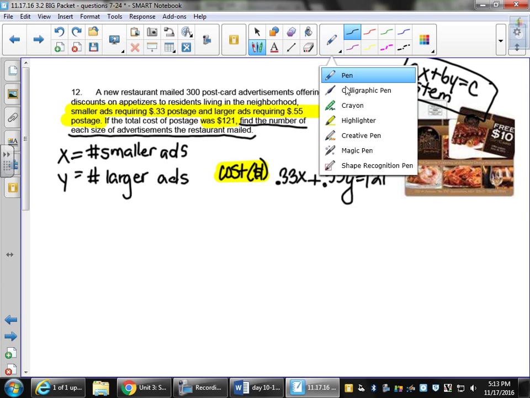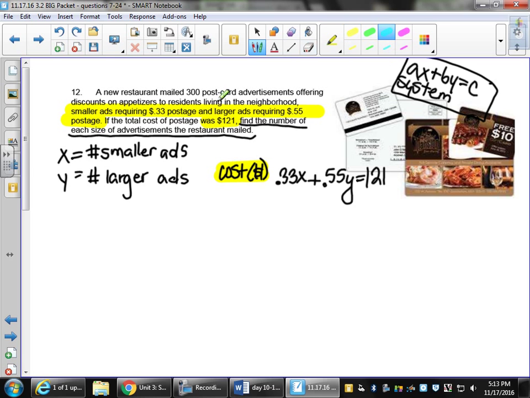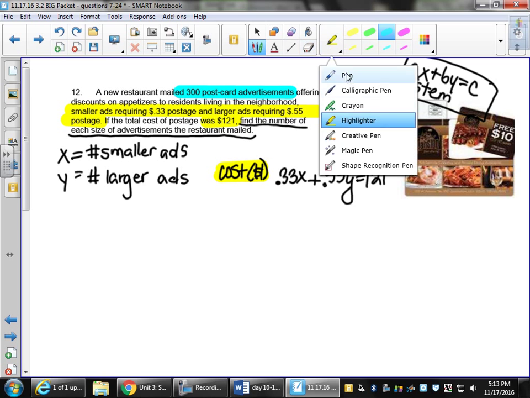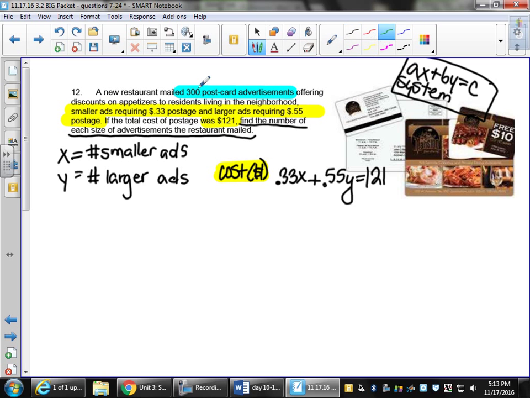The only other unused piece of information is that you mailed a total of 300. That should jump out to us as a total number. So I know that I will have a second equation that is about number.